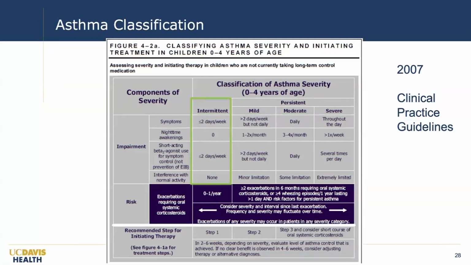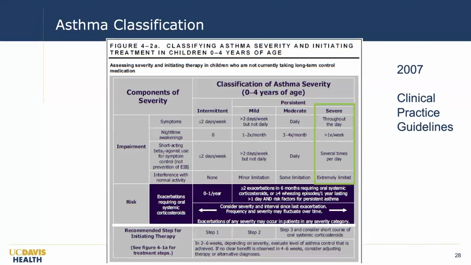They are having normal activity, so not having any limitations when you're talking to them about running around or sports or being at the playground. And then in terms of thinking also about their risk, for kids who have had 0 to 1 exacerbations in the last year, we would think of them as lower risk versus kids who have had more exacerbations being higher risk and potentially considering that they have more severe disease.